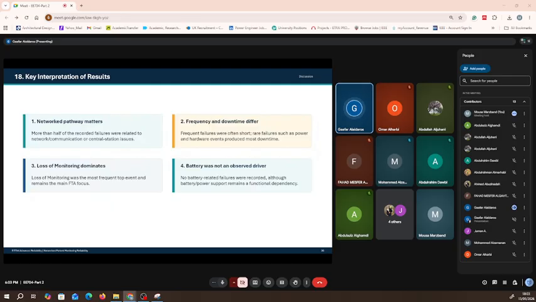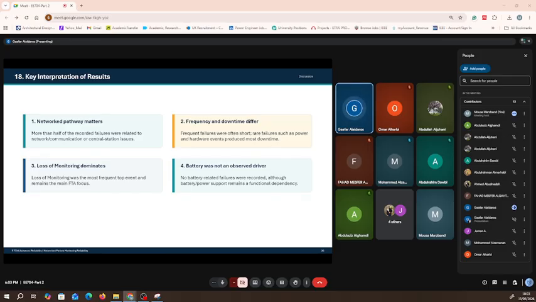This slide summarizes the main interpretation of the results. First, the network pathway matters. More than half of the recorded failures were related to network communication or central station issues. This confirms that the analysis must focus on the complete monitoring network, not only the bedside monitor. Second, frequency and downtime are different.